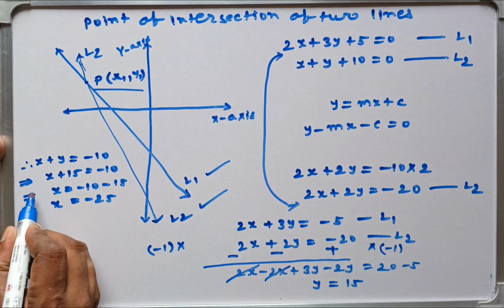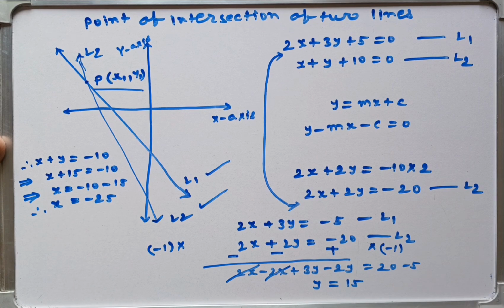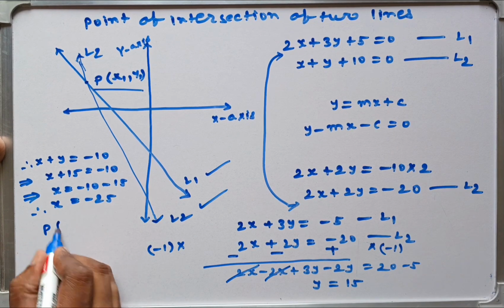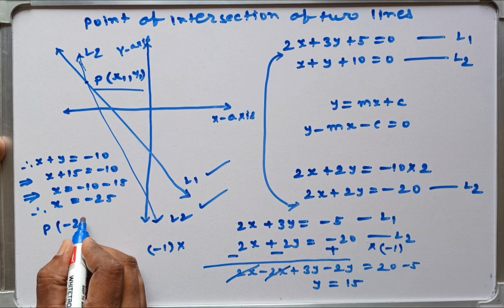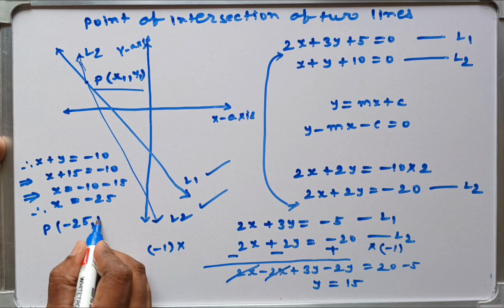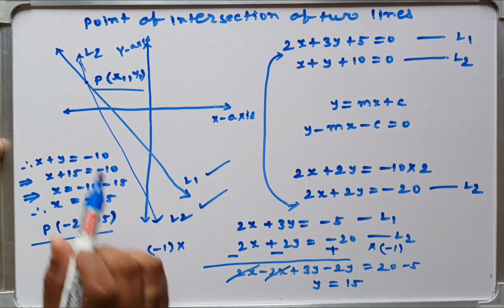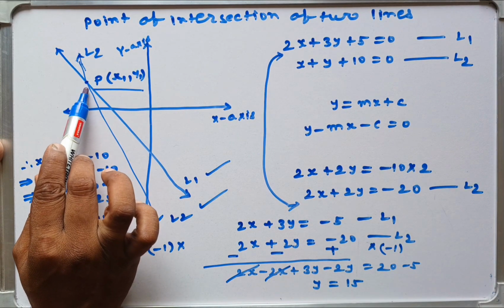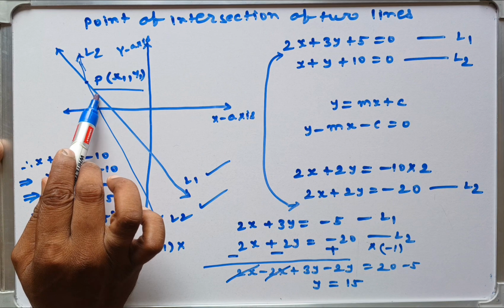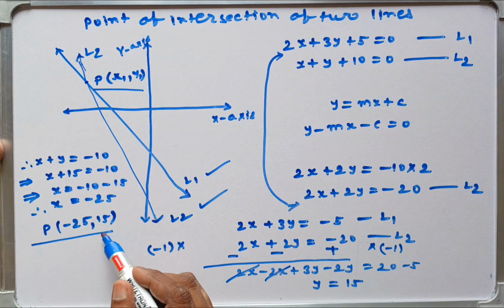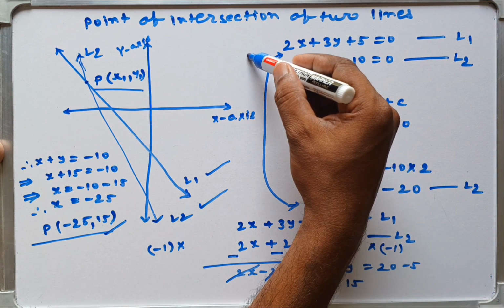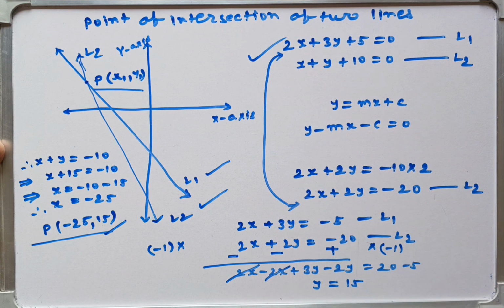So guys, now the point P has the coordinates minus 25 and 15. So guys, how could you check whether your result is correct or not? Guys, if this point P is lying on both the lines, then it must satisfy this equation also. Check it.